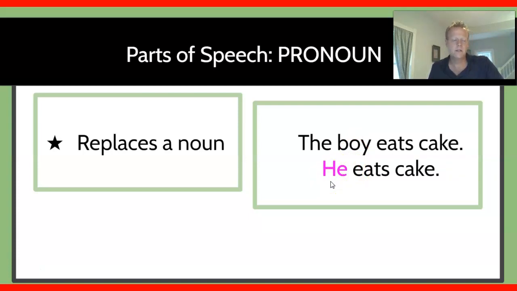Now listen, there are many kinds of pronouns. The pronoun is defined by what it does in a sentence. In this sentence, he is the subject. Subject, verb, object. He is called a subject pronoun. Okay?